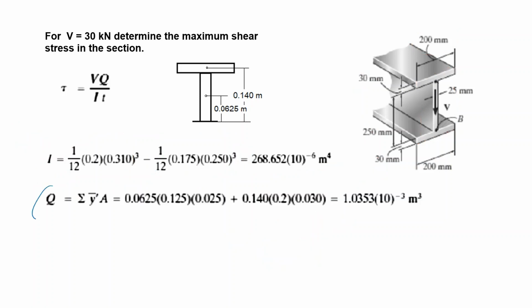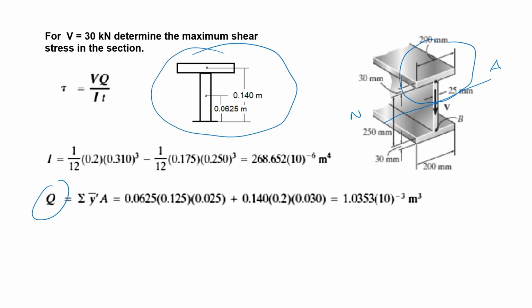Next, I need to calculate the Q value for my maximum shear stress point, which is the neutral axis. Let's take the upper part, put it here, and calculate the Q value as y prime times A for the two rectangles.